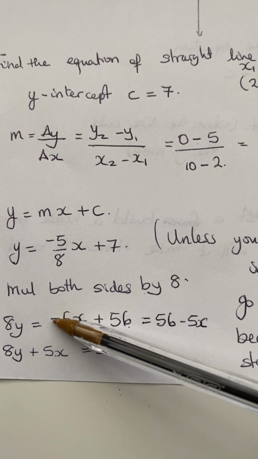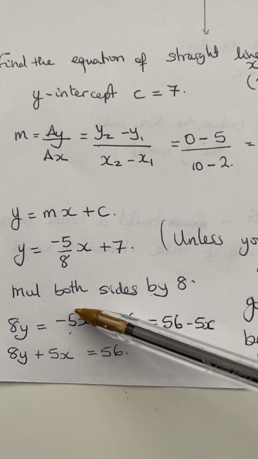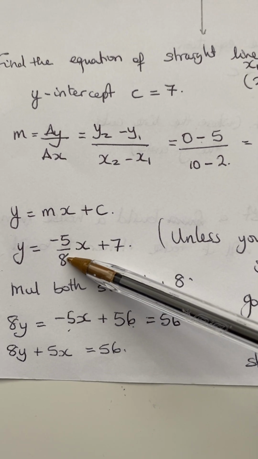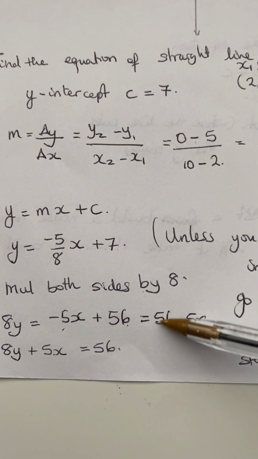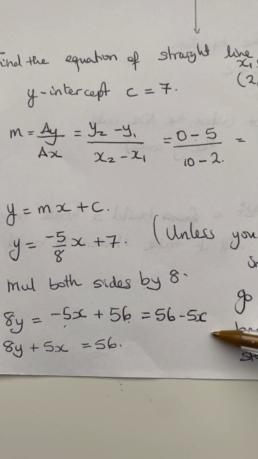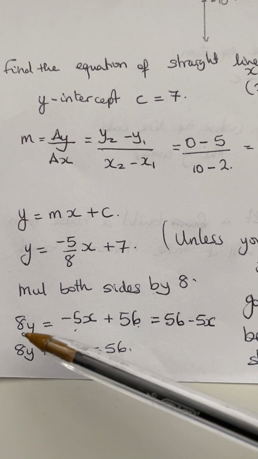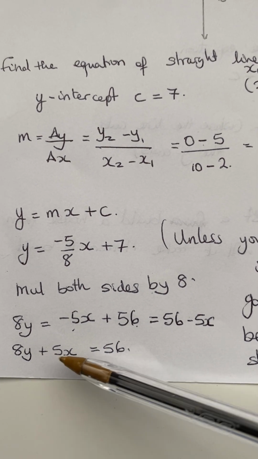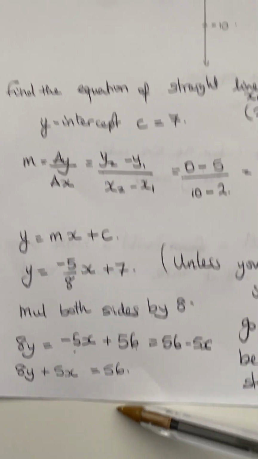When you multiply 8 by 5 over 8, you get rid of the 8. So now we can write 8y equals 56 minus 5x, or we can write 8y plus 5x equals 56.